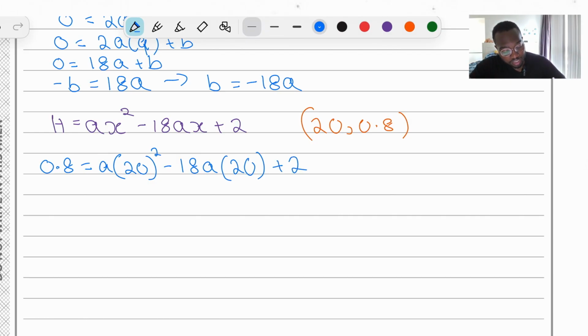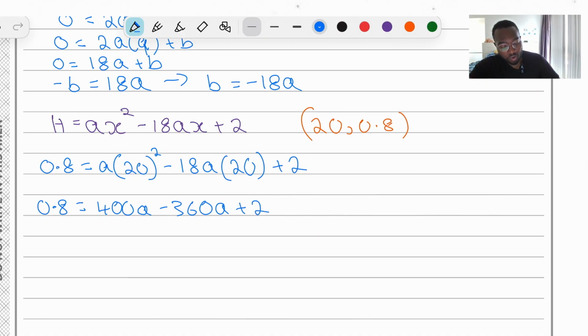So we get 0.8 equal to 400a. Be careful not to put a squared, because it may be tempting, but remember, it's just a times the 20 squared, so it's 400a. Then we have 18a times 20, that is minus 360a, plus the 2.